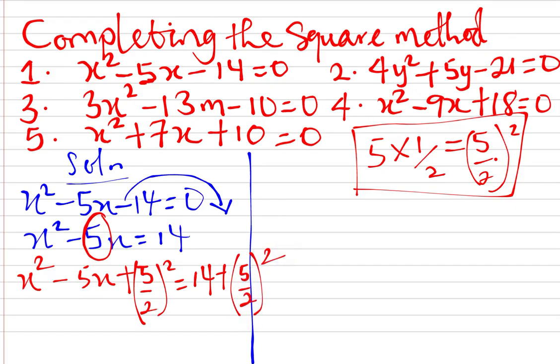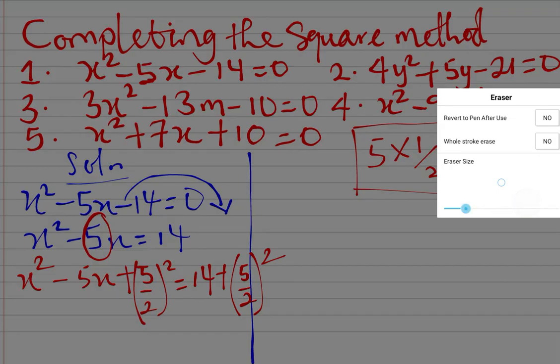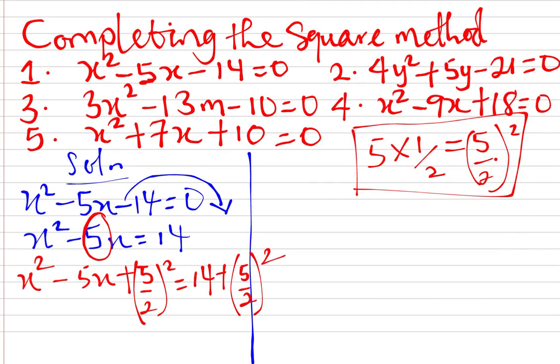Are you seeing that? So this is what you are going to do. You will add it to both sides. So once you add it to both sides, you are going to now expand.